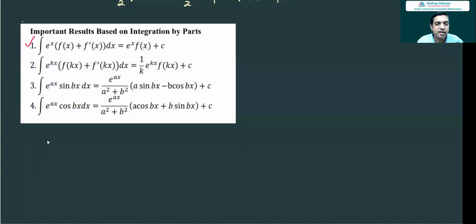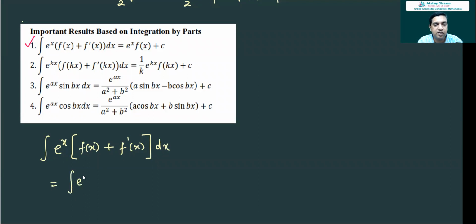This one, see, integral e power x times a function plus its derivative. This is integral e power x f of x dx plus integral e power x f dash x dx.